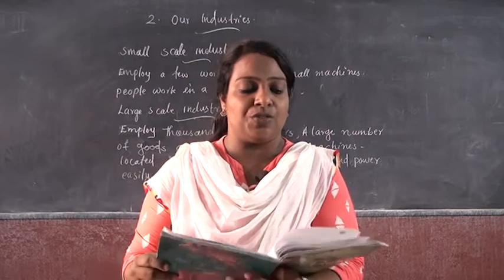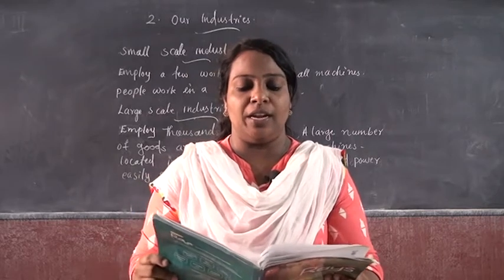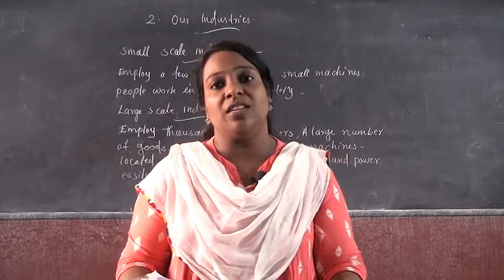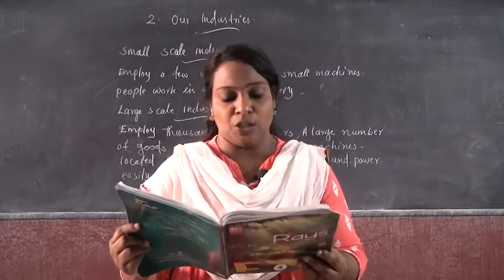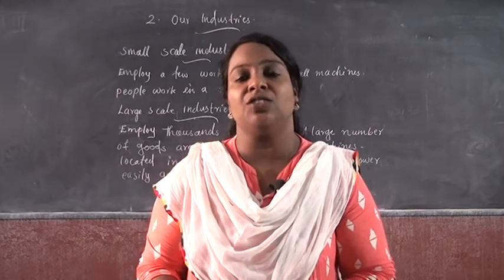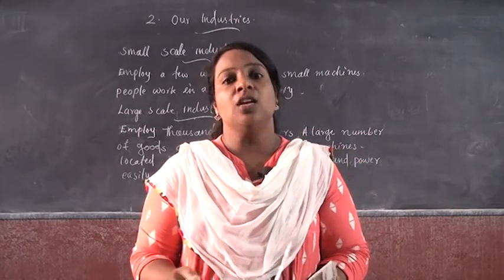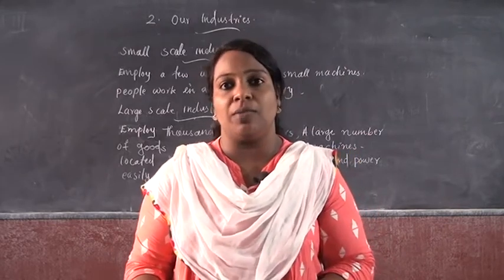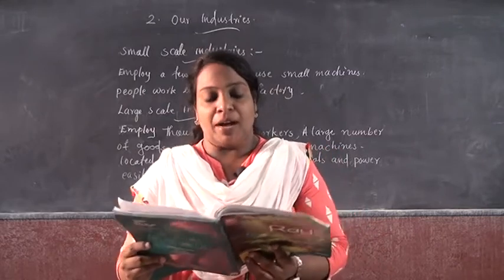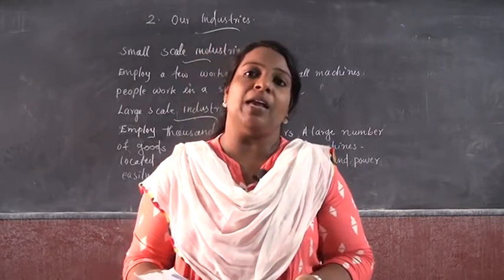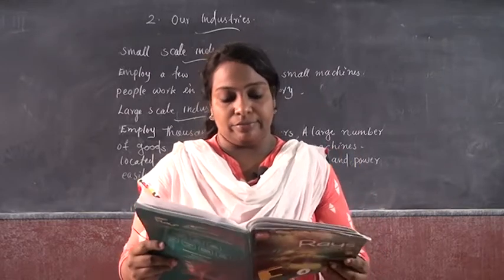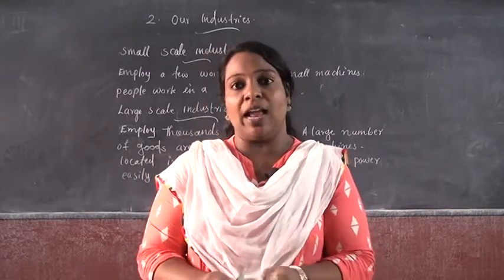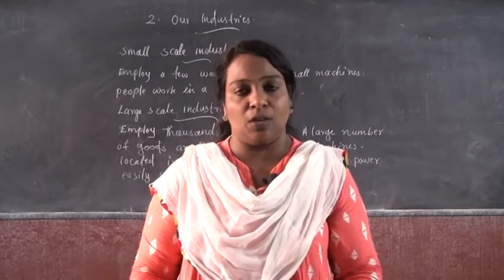What is an industry? Write the things you need to set up an industry. What is an industry, children? The process of making a particular product using machines in a factory is called an industry. So what are the things needed? Raw material, machines, power supply, human labor, money, and some transport also, and other things depending on the industry.